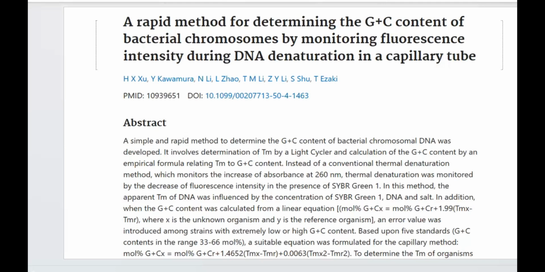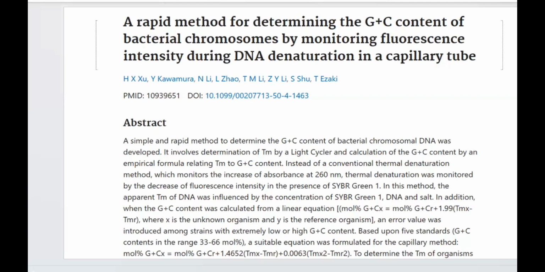Decrease of fluorescence intensity means there is something that is adding fluorescence, like EtBr you add to gel electrophoresis to give fluorescence and detect DNA. But here it is not EtBr, it is SYBR Green I, a fluorescent agent that is added, and then the apparent Tm value of the DNA is measured.